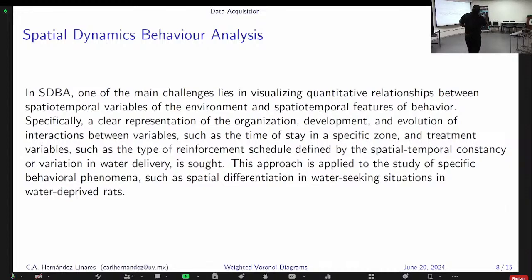This approach is applied to study a specific behavioral phenomenon, such as spatial differentiation in water-seeking situations in water-deprived rats.